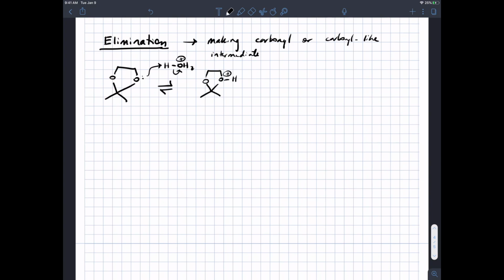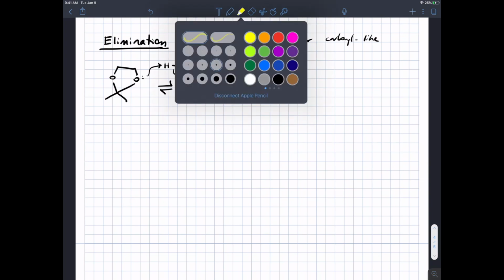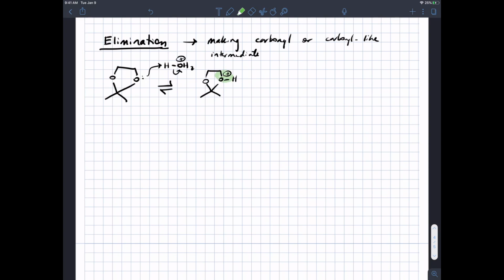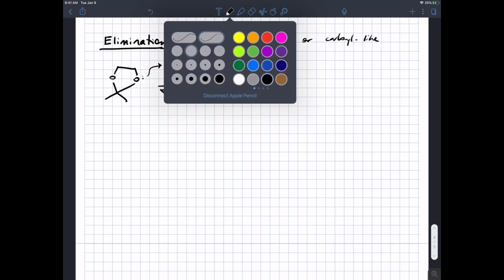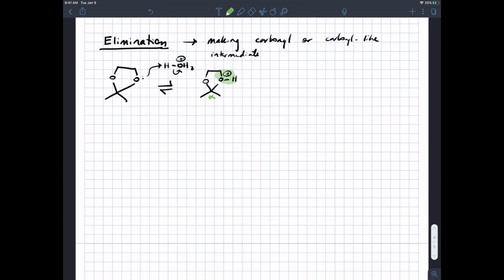So here's a situation where you have, in green, a leaving group attached to a carbon, and we'll call this the carbon that is alpha to the leaving group. And then here is the atom that is beta to the leaving group.